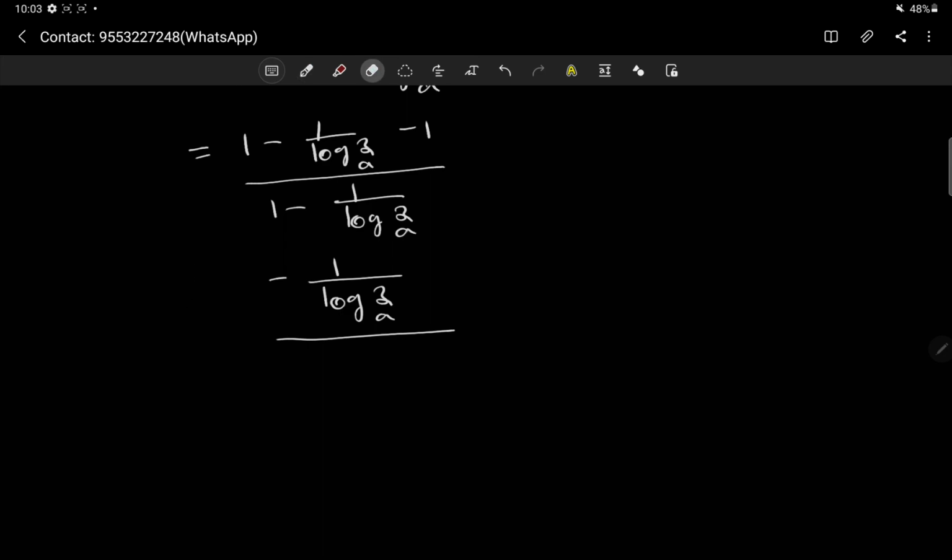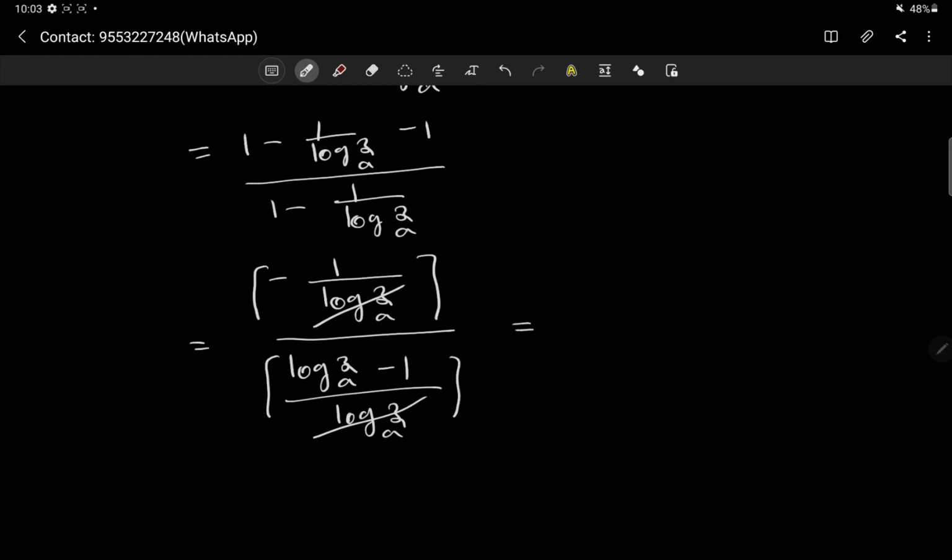And in the denominator we have log z base a minus 1, whole divided by log z base a. Now log z base a and log z base a both get cancelled.